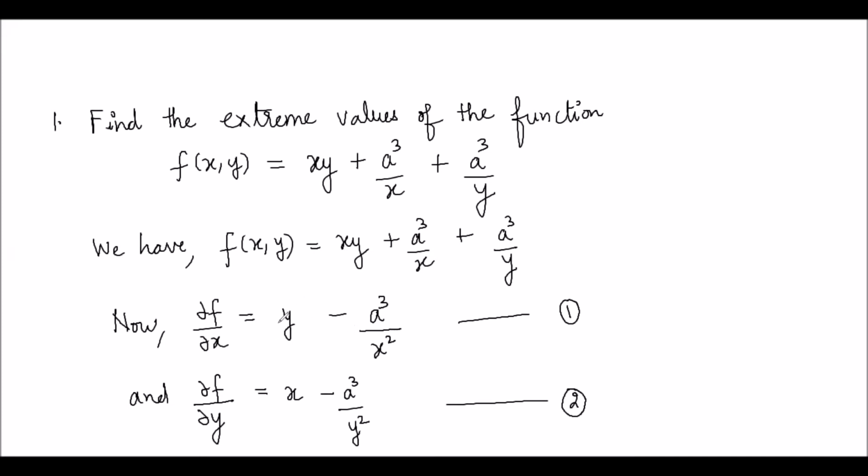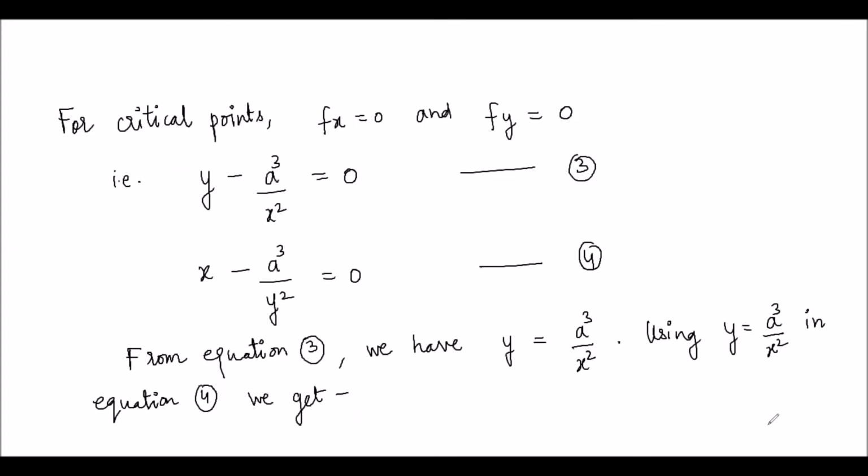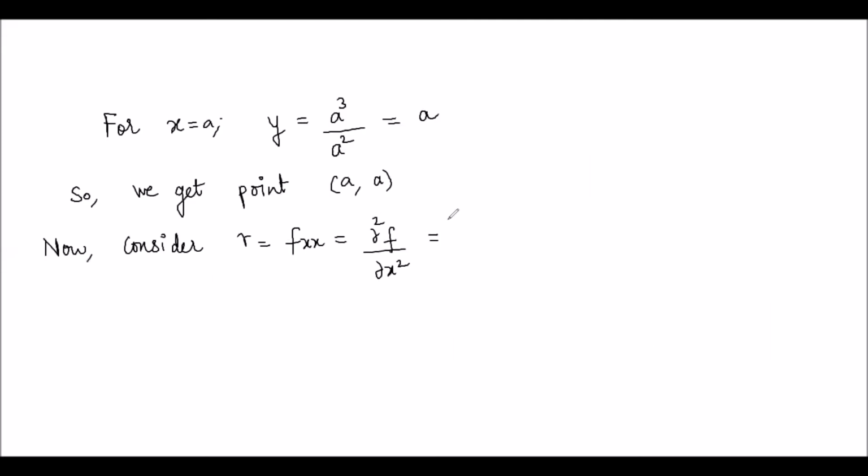The first term is y, that will give you 0. And from the second term, minus a cube upon x square, the minus sign will become positive. It will be 2a cube upon x cube.